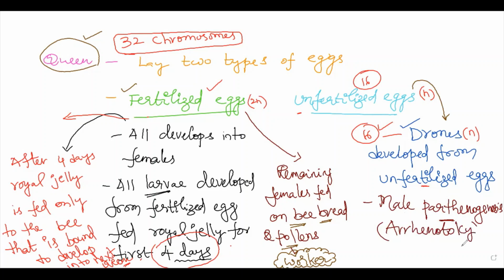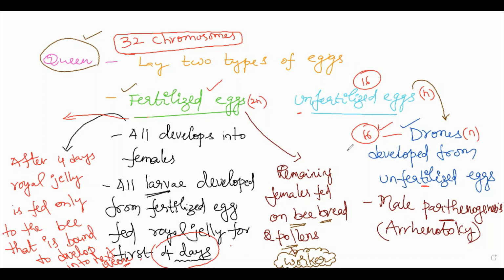Arrhenotoky is a process through which all unfertilized eggs develop into males. All fertilized eggs develop into females; likewise, unfertilized eggs develop into males.